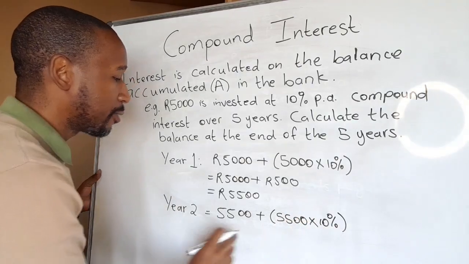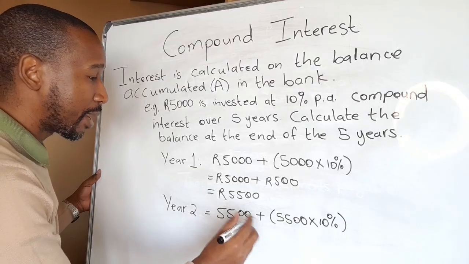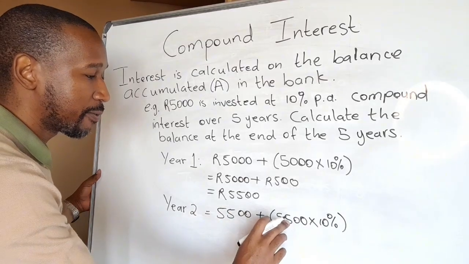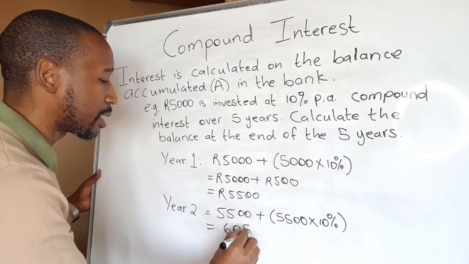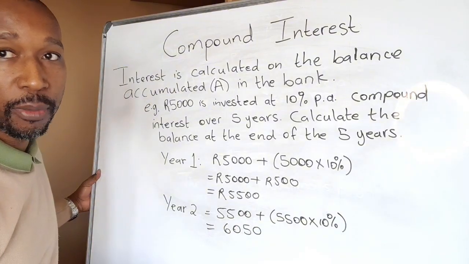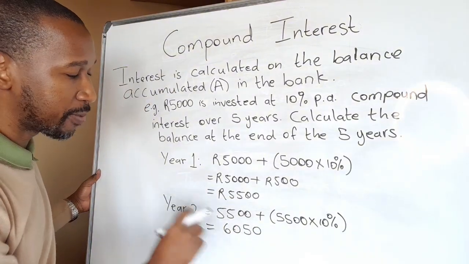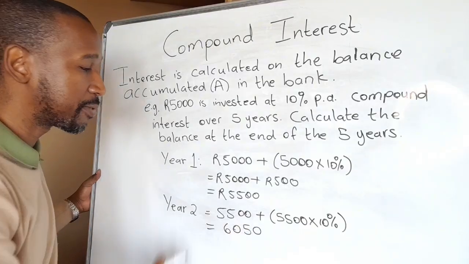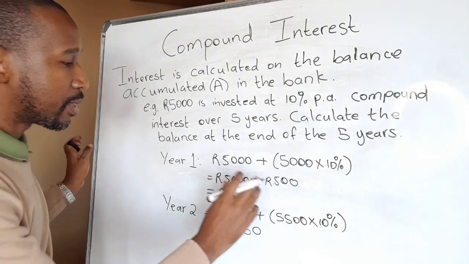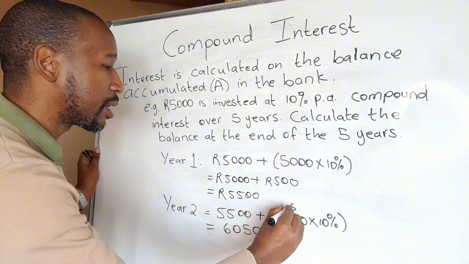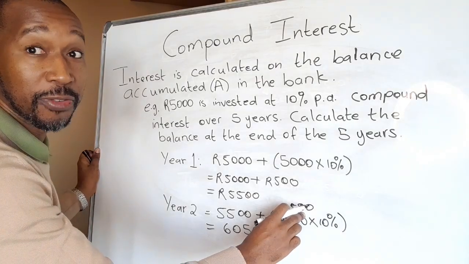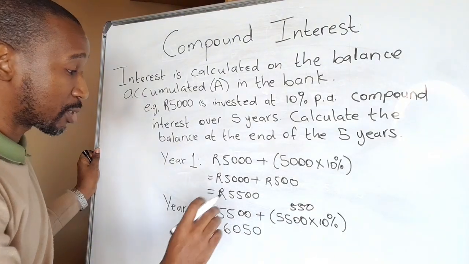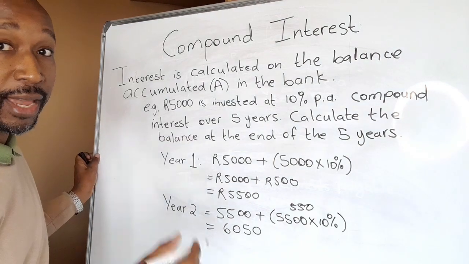At the end of this, the interest is going to be 550, so the balance would be 6,050. Compared to the simple interest, which would have been 6,000 at this point, we have an extra 50 Rand. But the point is that the amount of interest that is being added is actually increasing over the years. This is what makes compound interest more interesting and better.